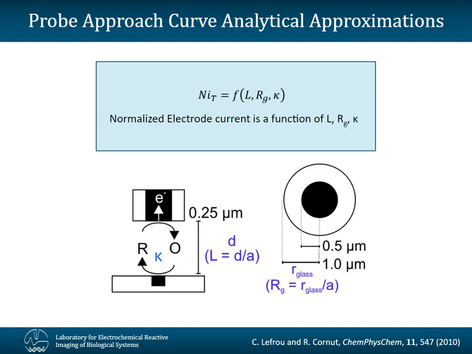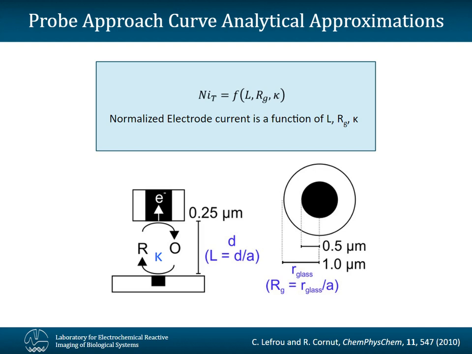So here we have a summary slide where you have the normalized electrode current, NIT, and that normalized current, which we will be simulating or measuring experimentally, is going to be a function of several parameters, including L, that's the tip to substrate distance, which you see on the lower left-hand side.